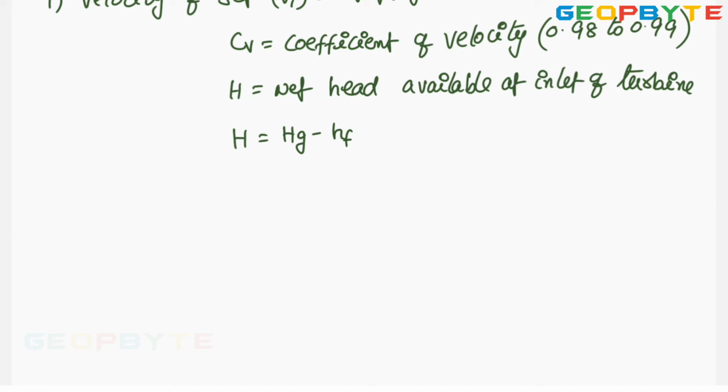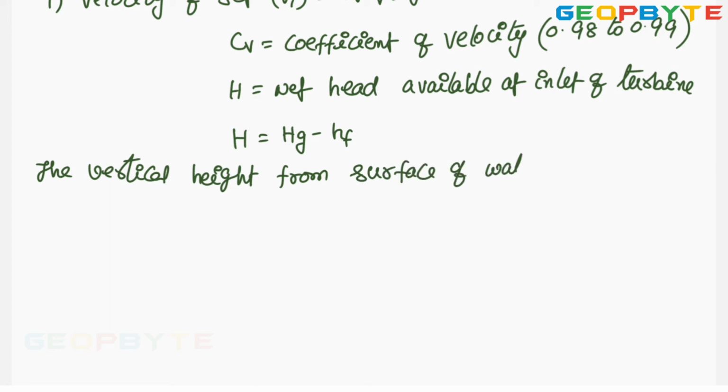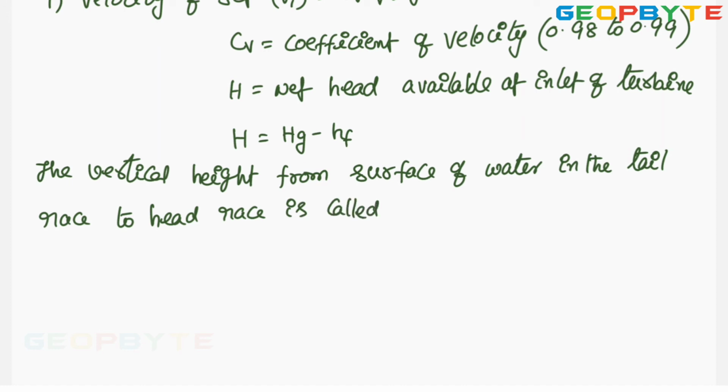The vertical height from the surface of water in the tail race to head race is called gross head. That gross head is denoted by Hg.